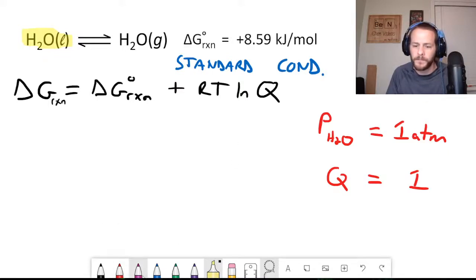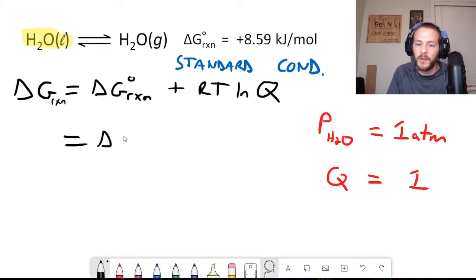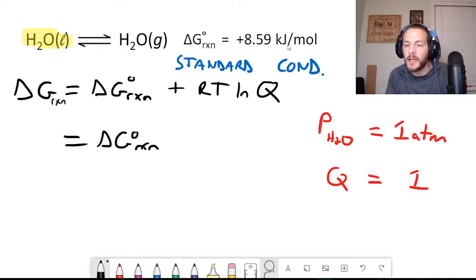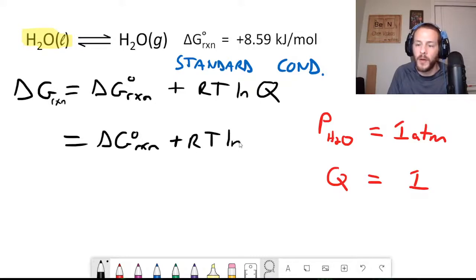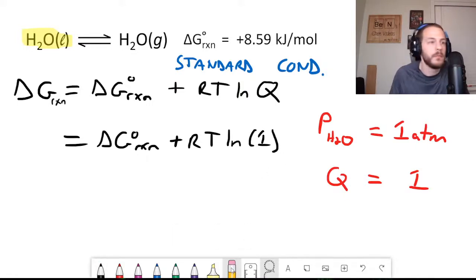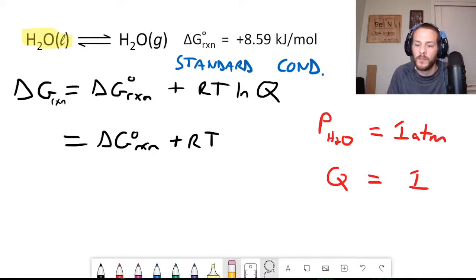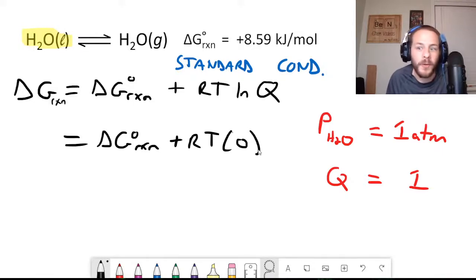And so if we plug that into the equation here, we have delta G is equal to the standard delta G, which we know, that's given, 8.59 kilojoules per mole, plus RT times the natural logarithm of Q, which is 1. And the natural logarithm of 1 is 0, and of course anything times 0 is 0.